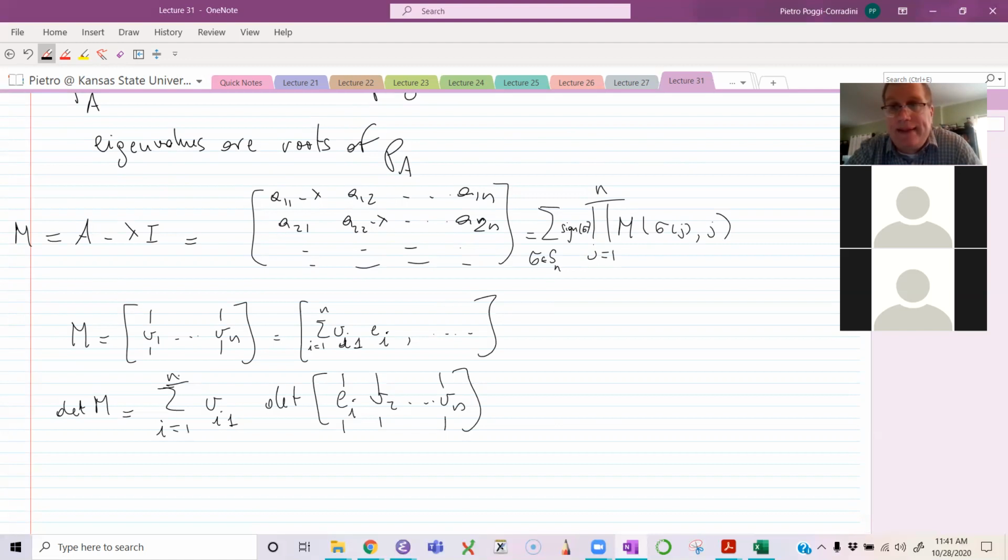Right? And then you can repeat. Now you can use the linearity in the second column and take out the sum.